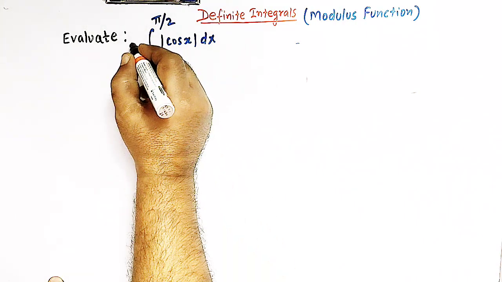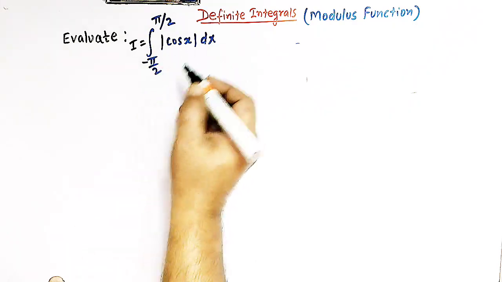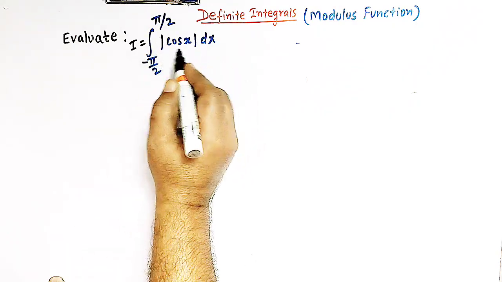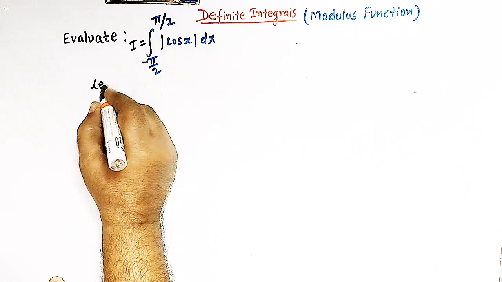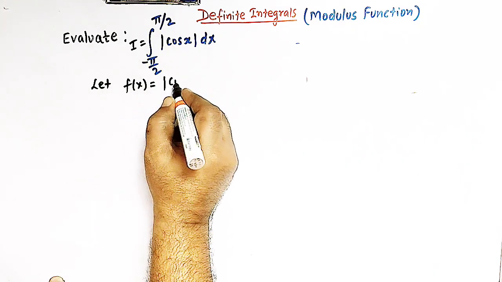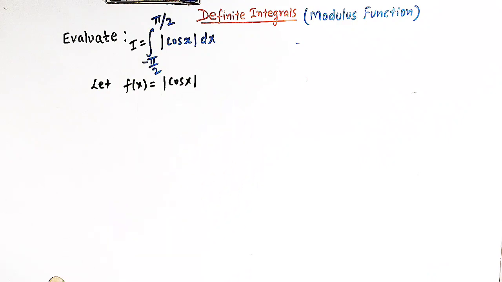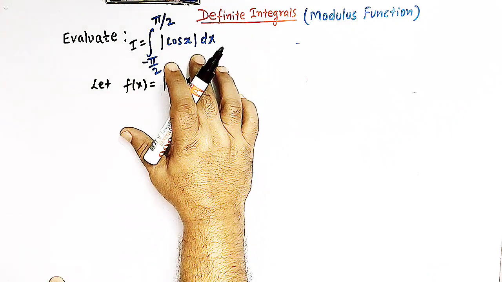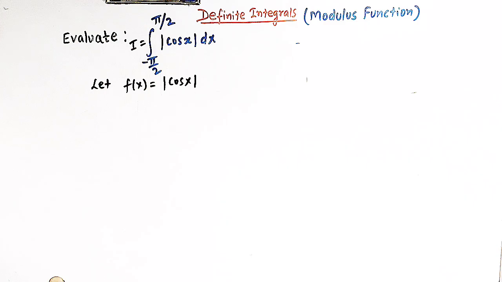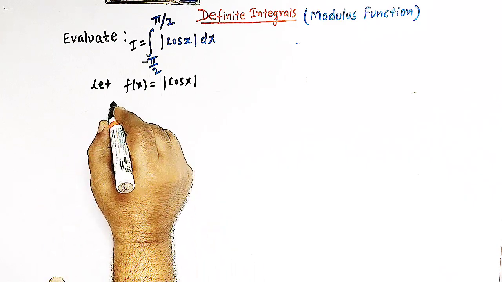So let us first call this integral as I, and here our integrand is mod of cosine x. So let us take f of x is equal to mod cos of x. Now here before moving further, let us see an important property of definite integrals, and the property goes like this.